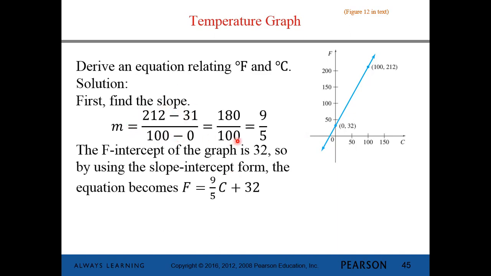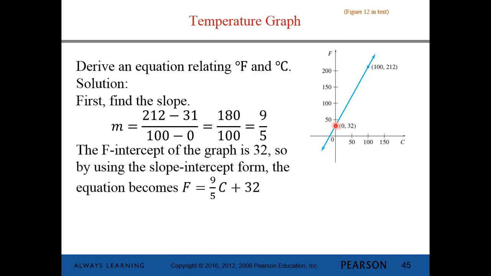So our slope turns out to be 9 over 5. Again, you always want to reduce this into the simplest fraction. Okay, so now it's 9/5. Now notice that this is Fahrenheit over Celsius. So now the F-intercept is what? Well, they give us the F-intercept because it's F here, so degrees Fahrenheit.